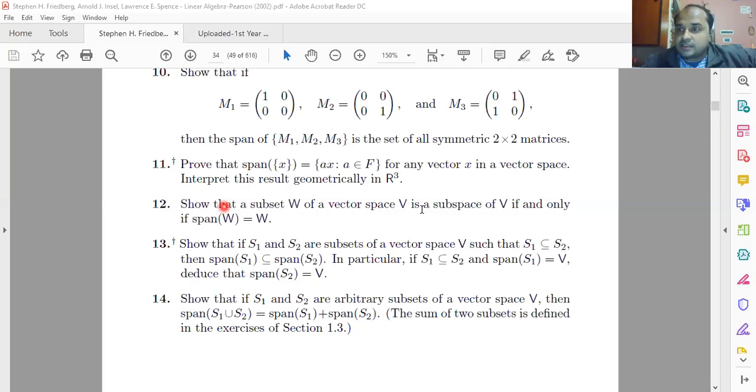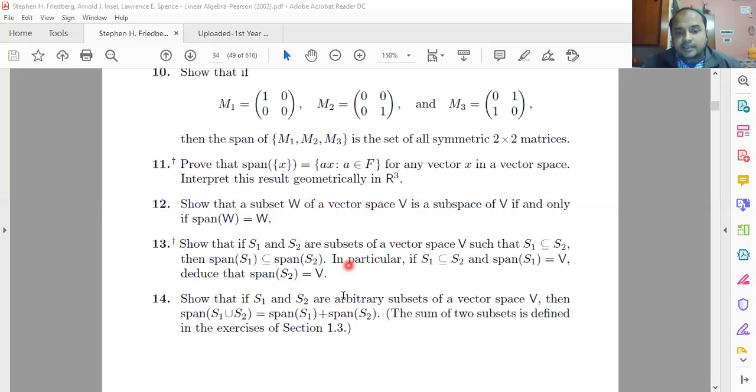You can use this as a theorem: if you can show that for a non-empty subset W of a vector space, the span of W is W itself, then you can declare that W is a subspace of V. So this result is very important.